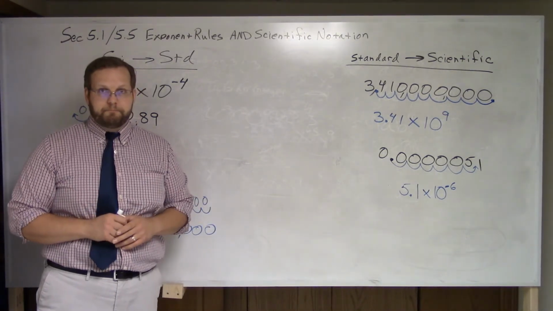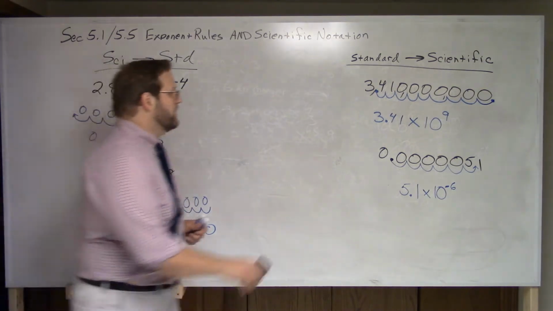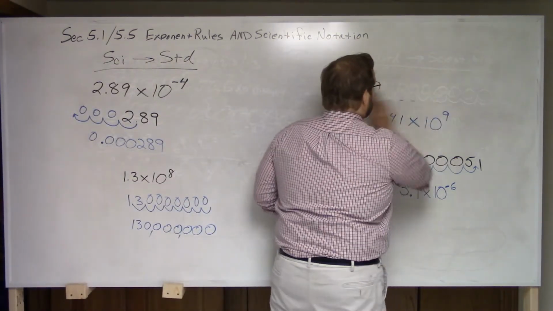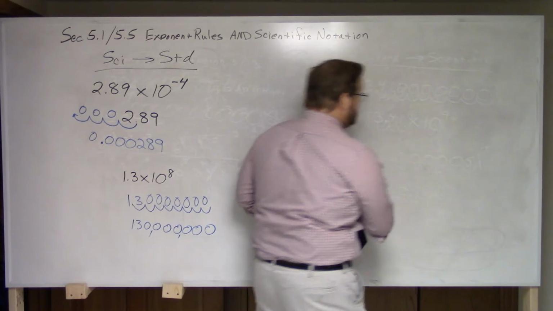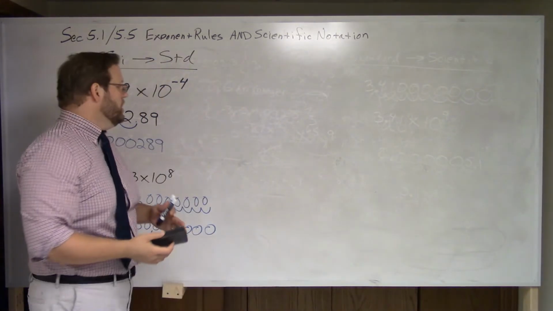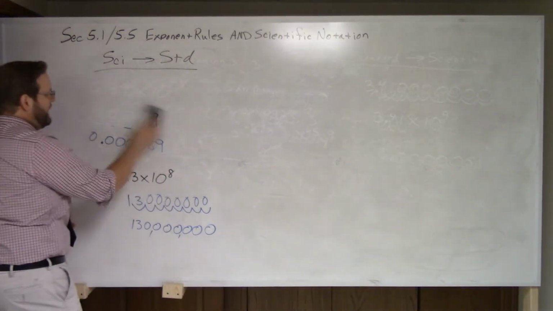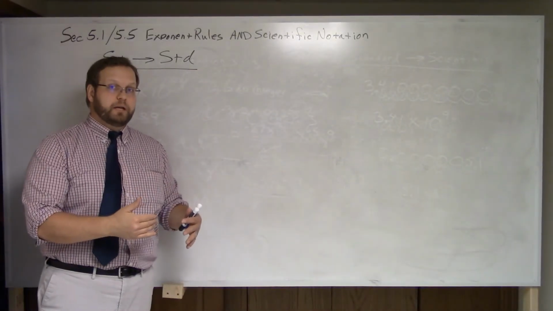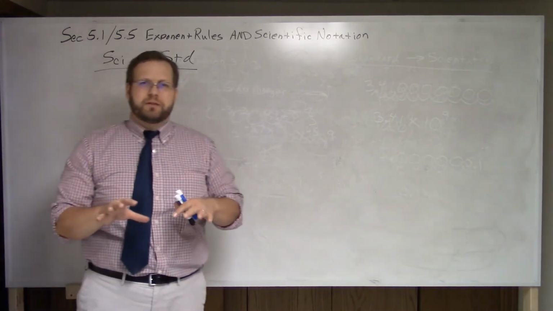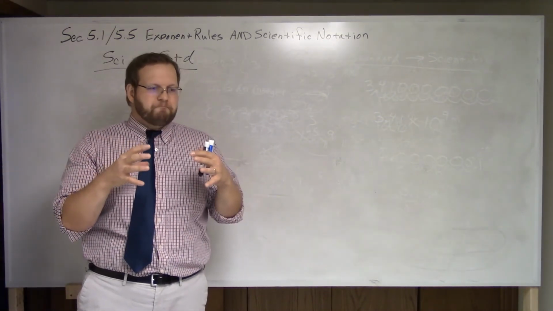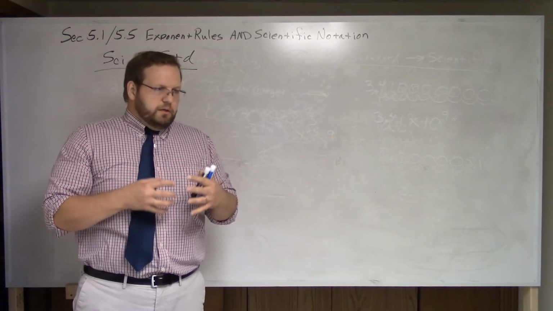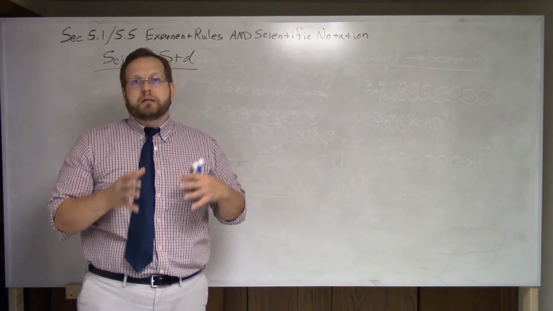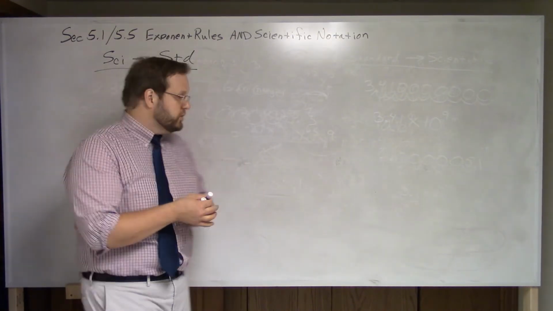Nothing more than that. Okay, let's finish this up by talking about a couple of calculations using scientific notation. We're not going to be adding and subtracting these values typically. We're going to be looking at them in terms of multiplying and dividing. Okay, not that you can't add and subtract with them, but the real usefulness of these come in when we multiply and divide.